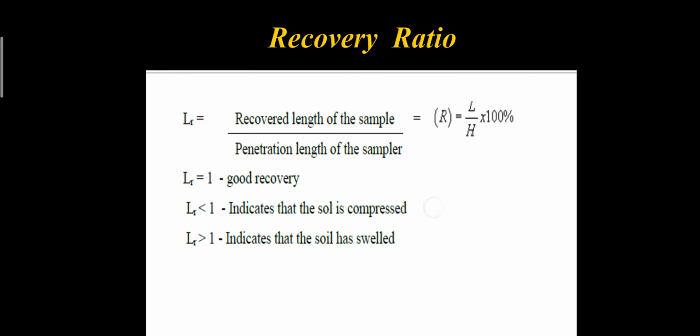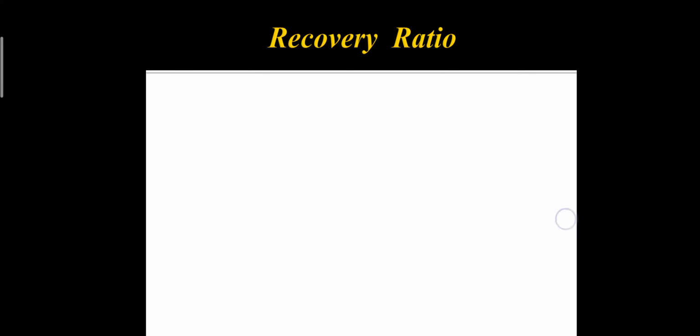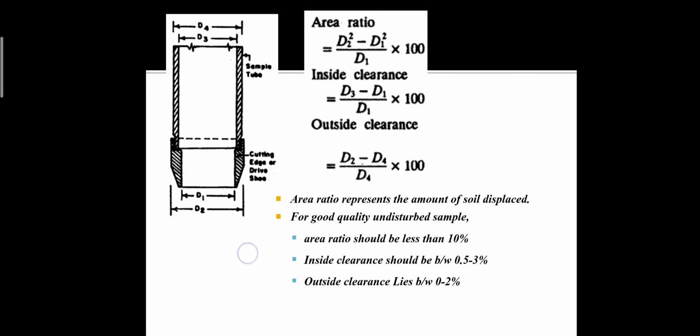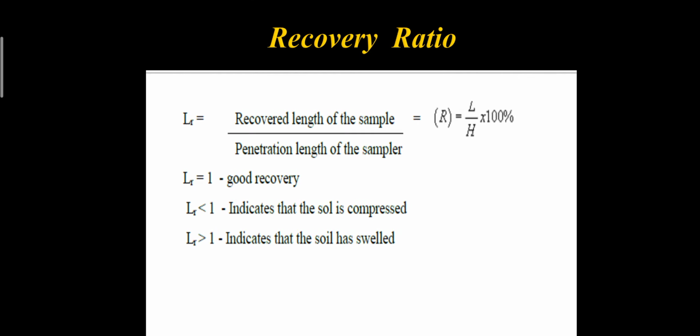Okay, sampler will have a particular length. For example, the sampling tube has a total length of the sampler. So the length of the total sampler will be there, but actually the entire length of the sampling tube will not be filled with soil. Soil will not fill the entire length of the sampling tube, only a particular length will be filled based upon the pressure that you apply, based upon the type of the soil.